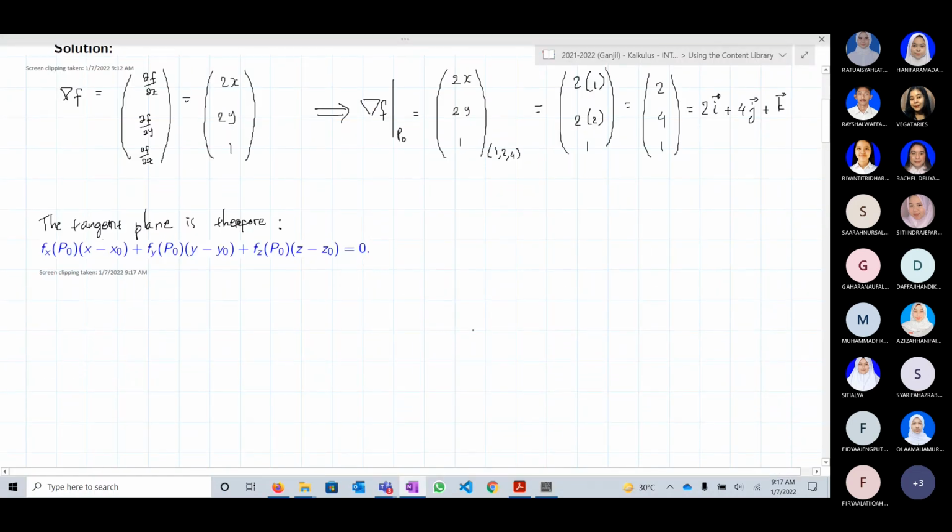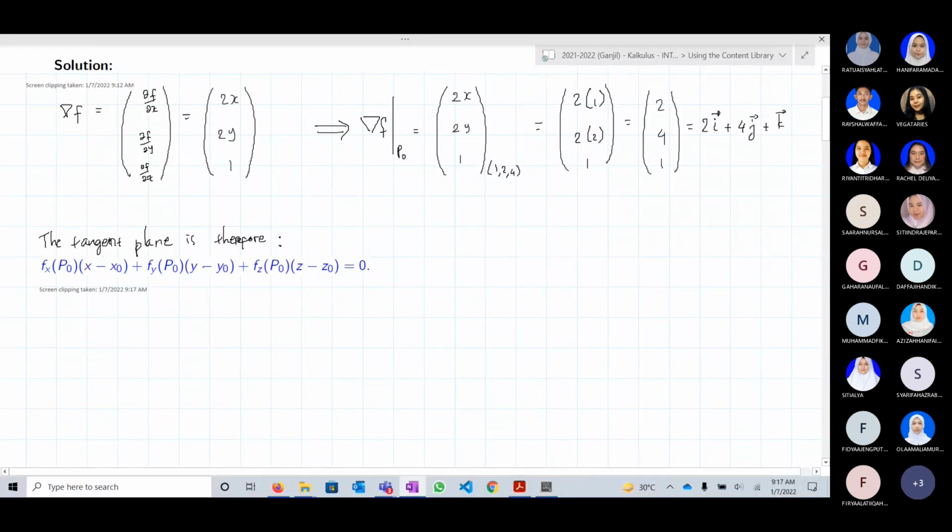So the tangent plane, we follow this equation. So the tangent plane is therefore fx at P0, which is basically 2, times x minus x0, which is 1, plus fy at P0, which is 4, times y minus y0, which is 2, and fz at P0 is 1, so 1 times z minus z0, which is 4, equals 0.